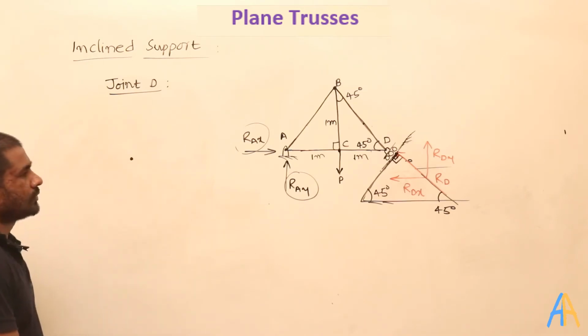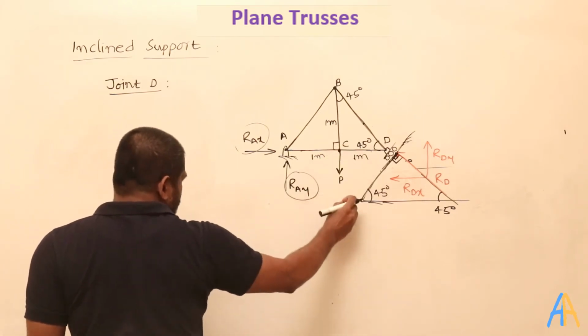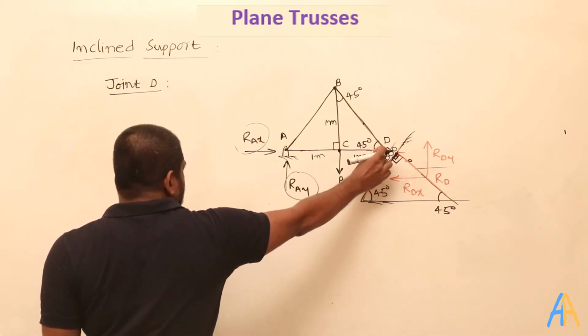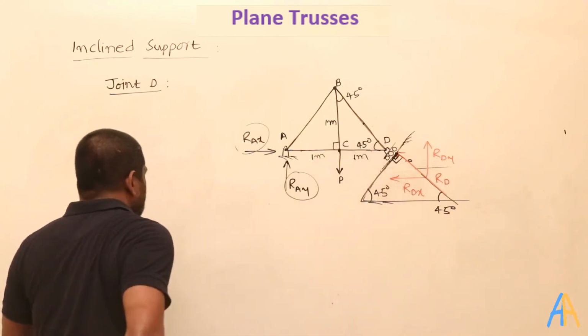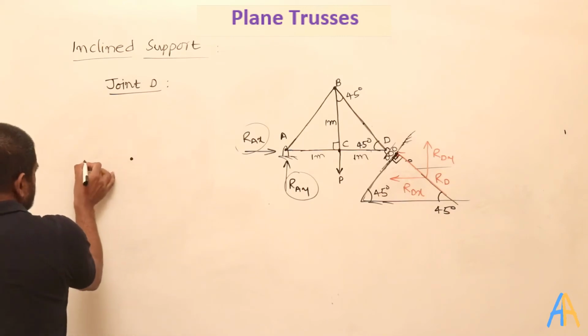We need to find out. For example, see, when we are trying to pull this, what is happening? The tensile force is produced in this rod.